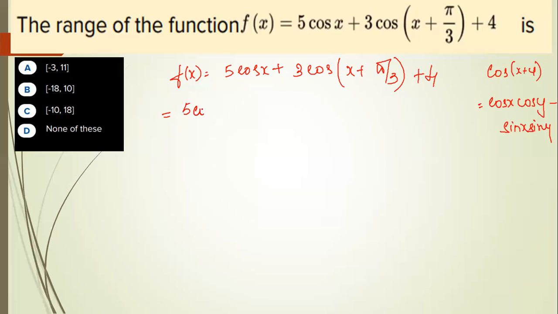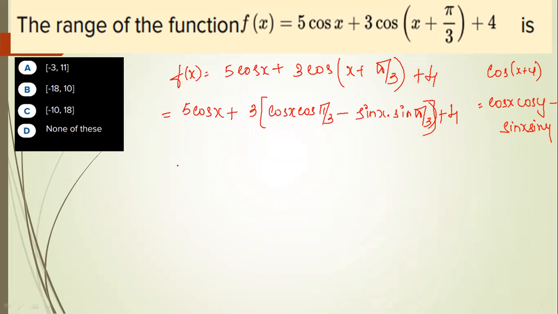So it is 5 cos x, I'll write it as it is, plus 3 into cos of x plus y, which is cos x cos pi by 3 minus sin x sin pi by 3, plus 4.